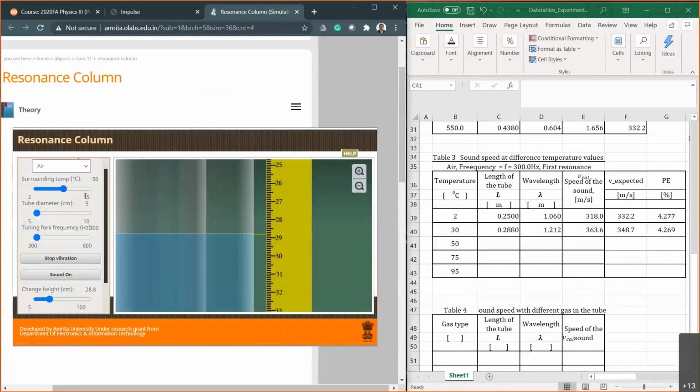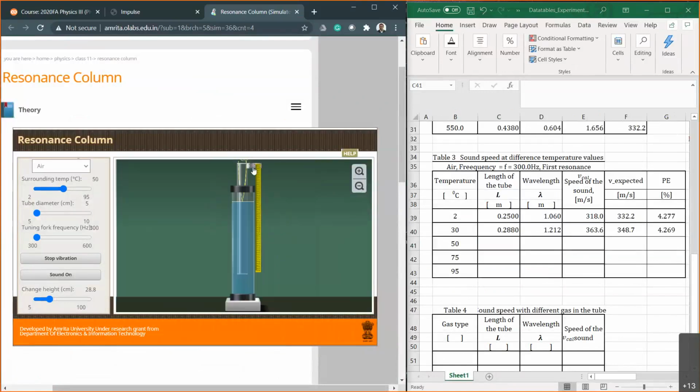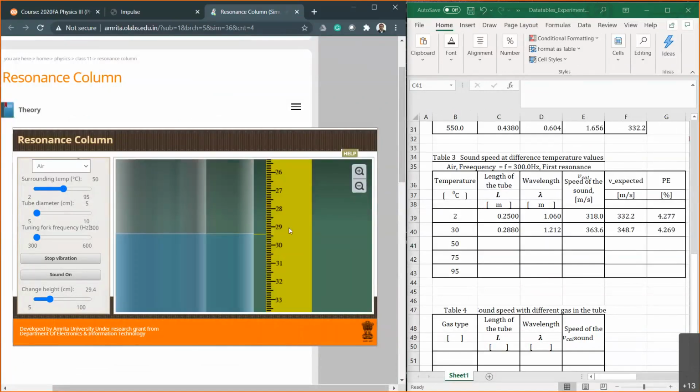Let's do 50 degrees. Bring it all the way back to the starting point. Sound on, and then bring it up. Sound off. Measure that number, 29.4, so 0.294.